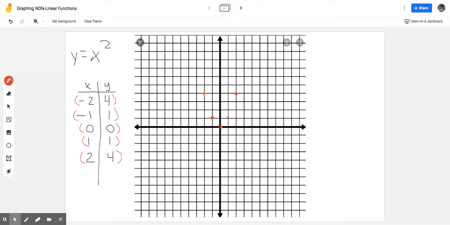And if you'll remember, this made kind of like a U shape. And that's what that is going to look like. It's also something called a parabola. So there is another buzzword for you guys.